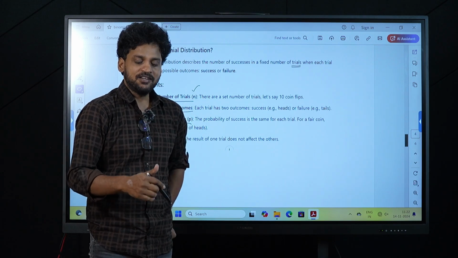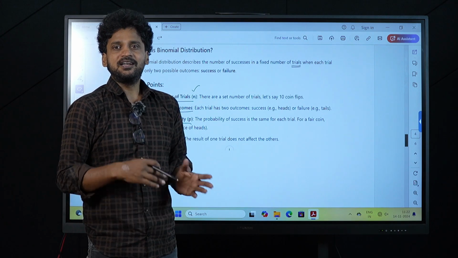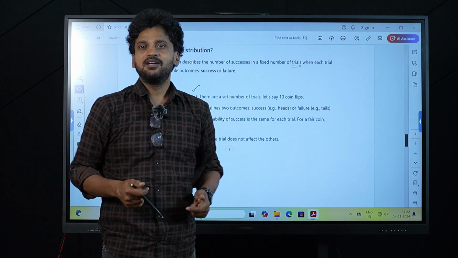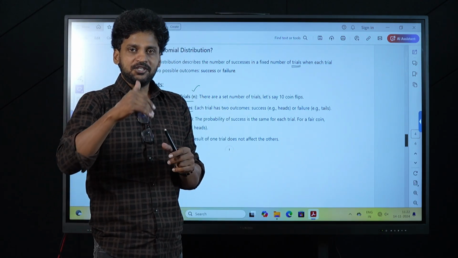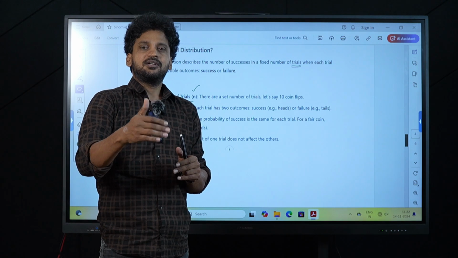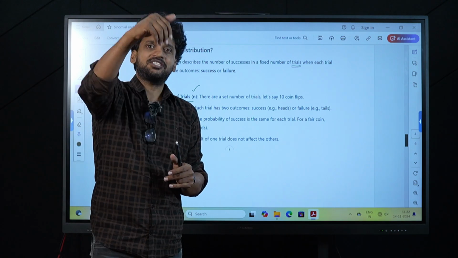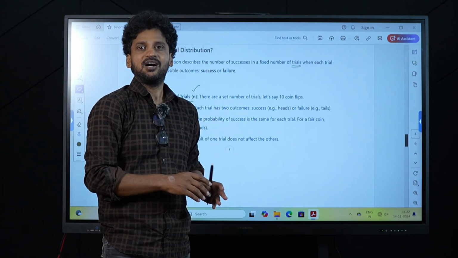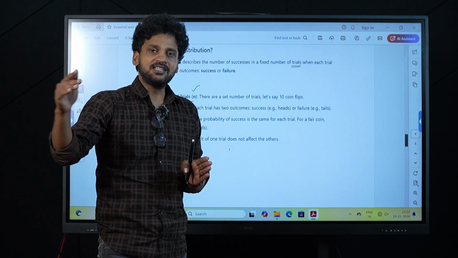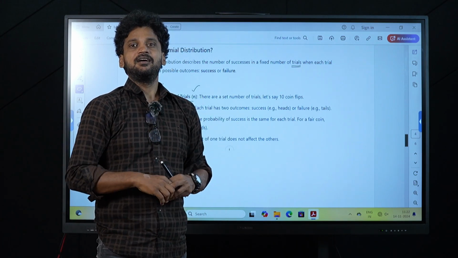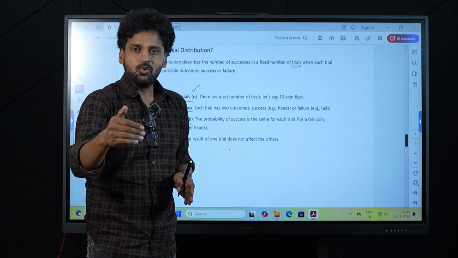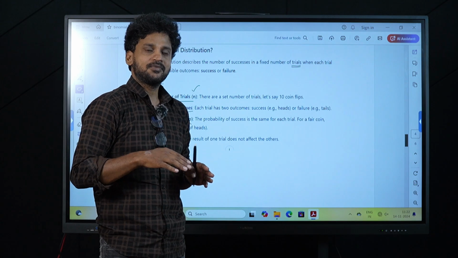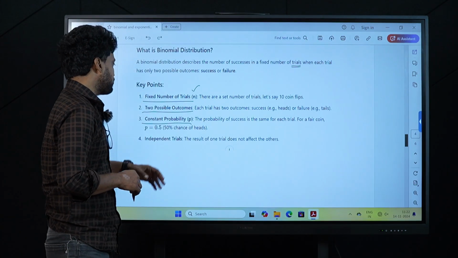For example, if in the first instance I got head, that doesn't mean it contributes towards my next instance being a success. Whether the next instance produces a success or failure is not dependent on the previous one. Every outcome is independent. Right now I got head; what comes next is not related to the current outcome.